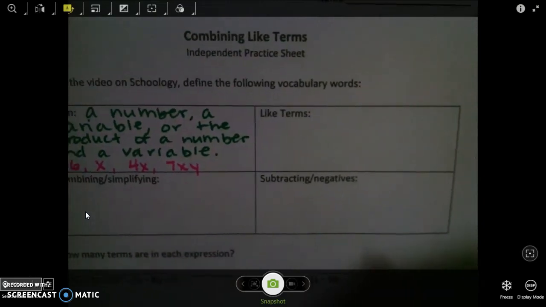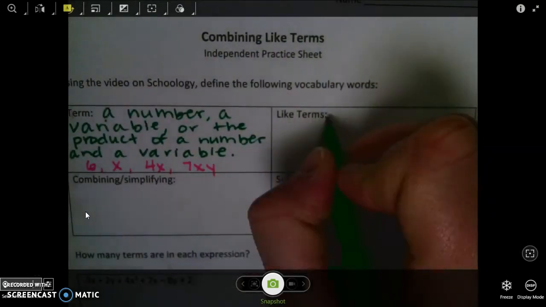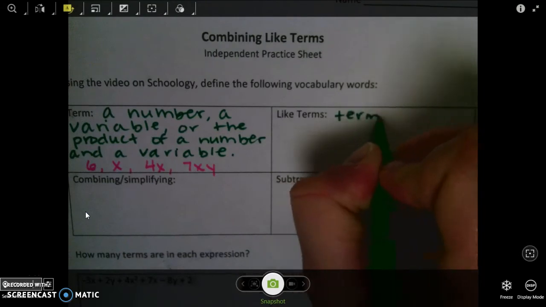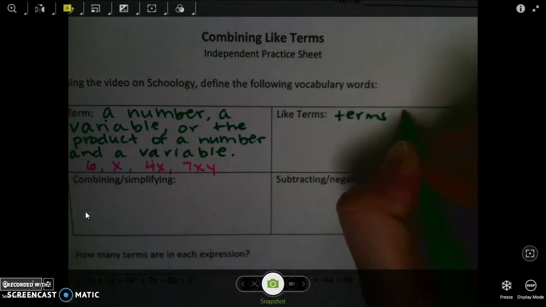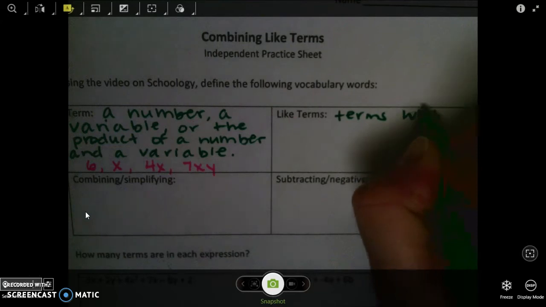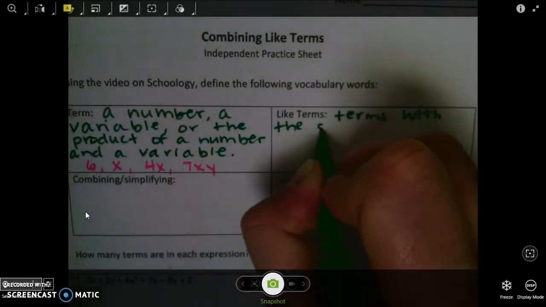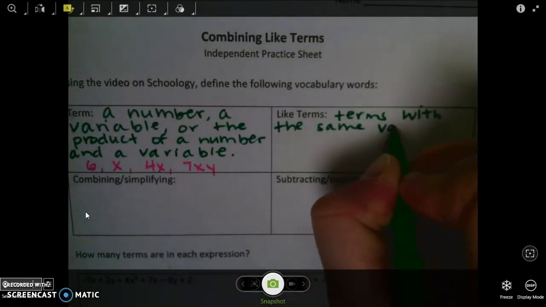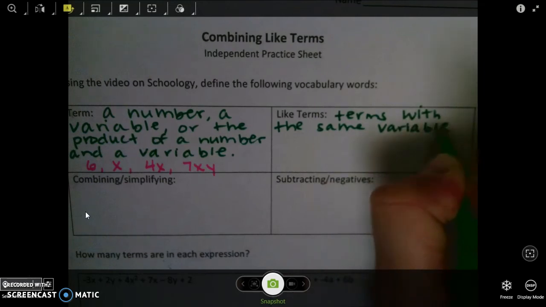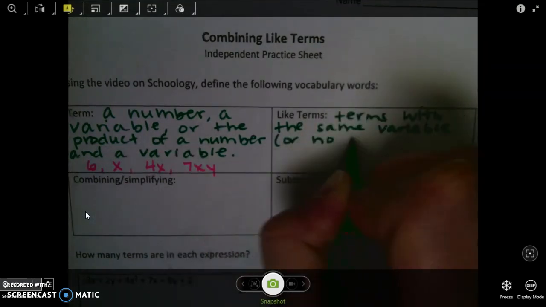The next word is like terms. Like terms are terms with the same variable or no variable.